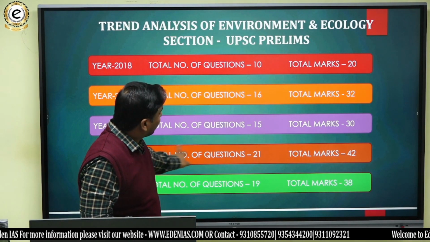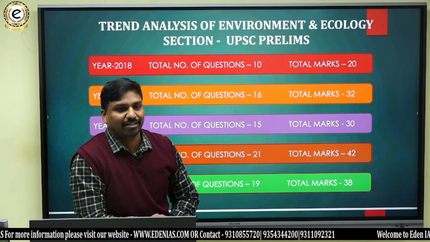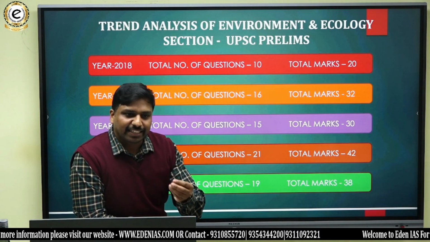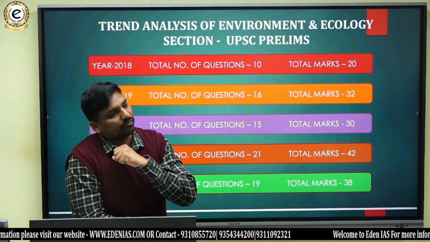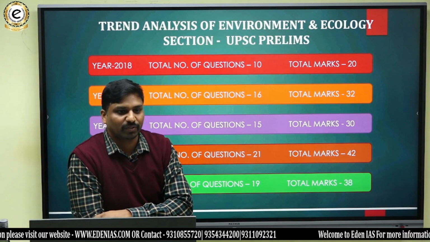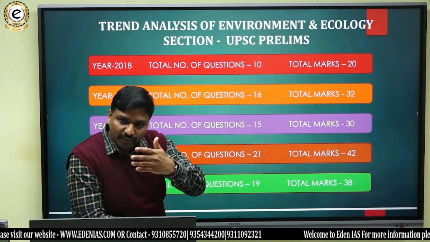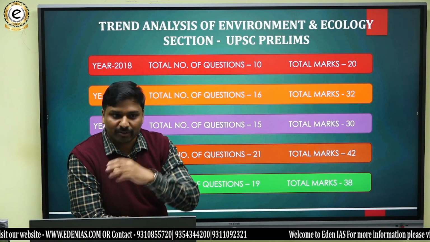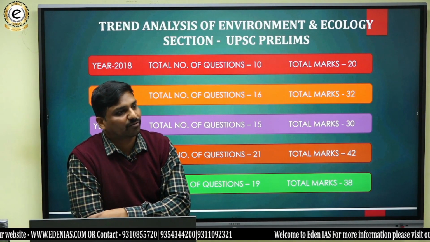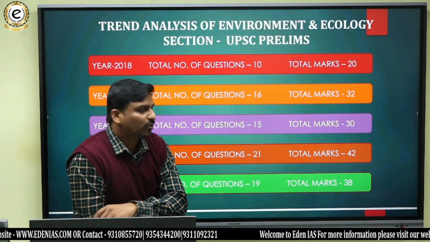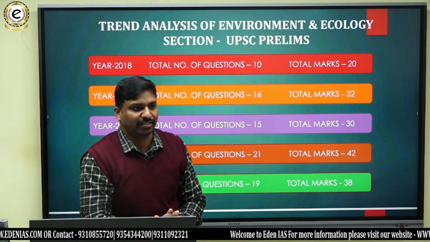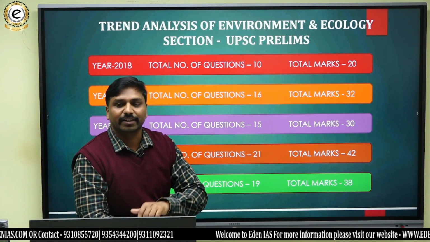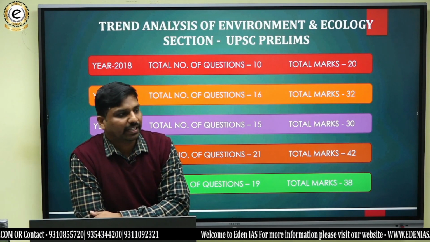And in 2021, you can see 21 questions were asked. Anything more than 15 to 20, or nearer to 15 to 20, is very high from the prelims perspective. That means roughly one-fifth of the questions come from this topic. So that's why we have to focus. In 2022 also we got 19 questions. So this is the basic trend analysis on environment and ecology.